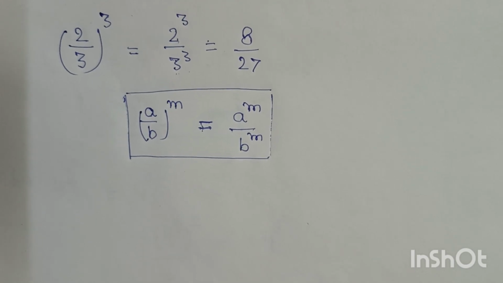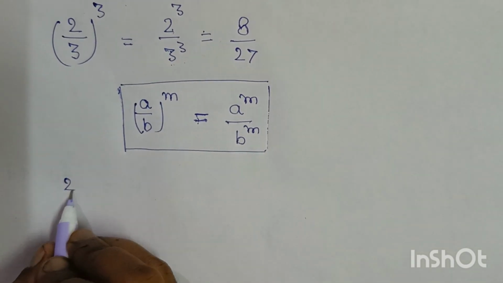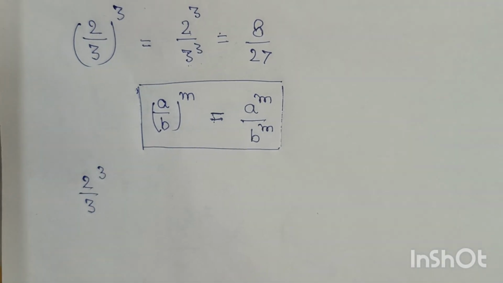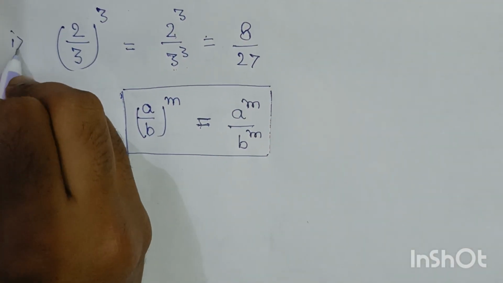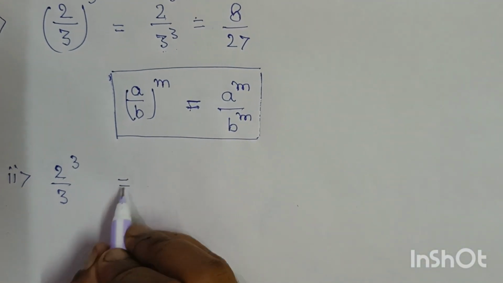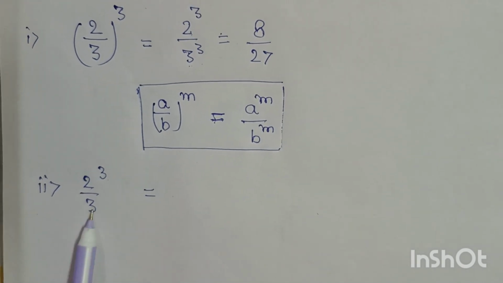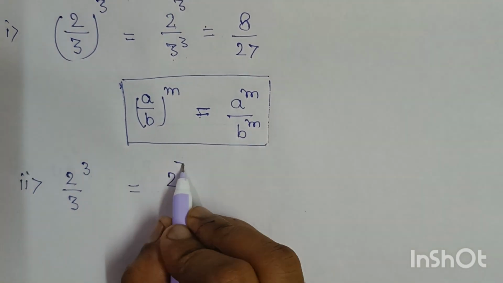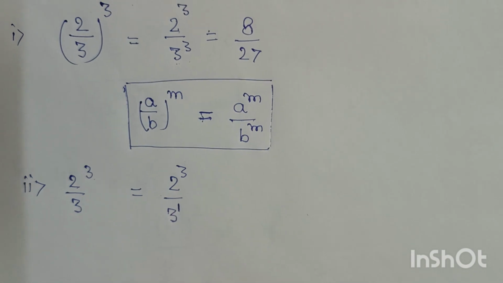Okay. Now I'm going to write another expression which looks alike, which is 2 upon 3 raised to the power 3. Now, what is the big difference between these two expressions? They look alike, but there is a big difference. What is that? If we write this as 2 raised to the power 3 upon 3, we will consider the exponent of 2 as 3, whereas the exponent of 3 is 1.